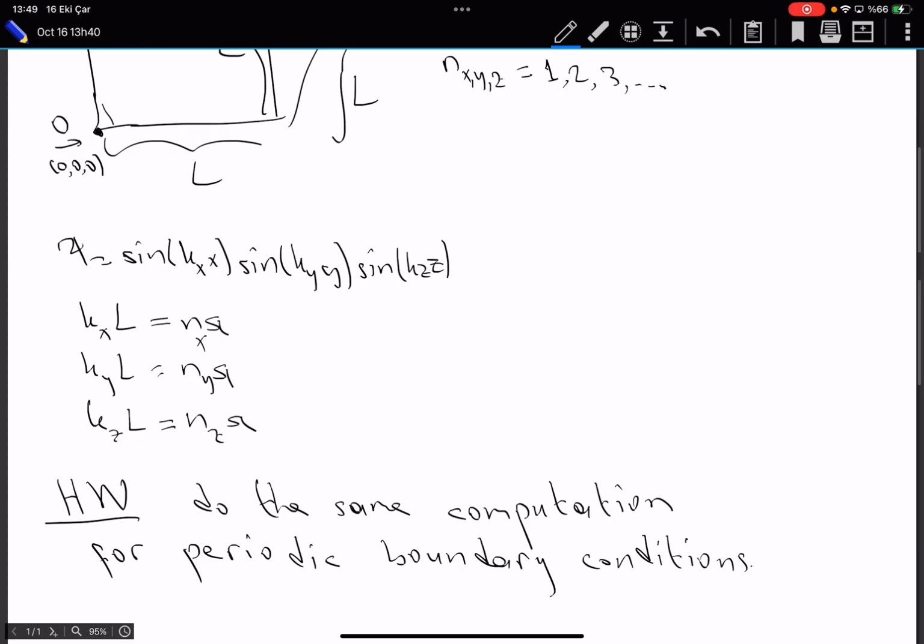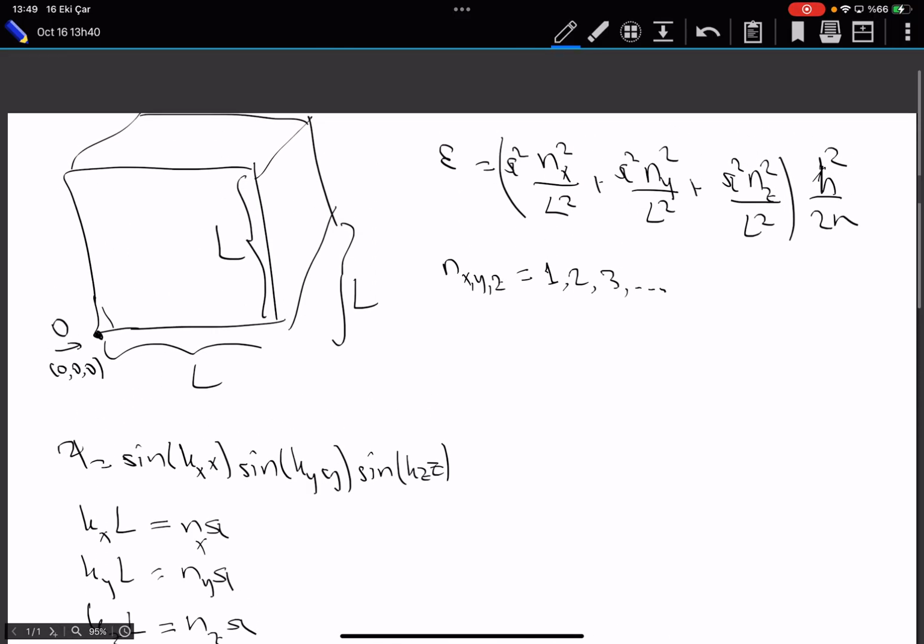Well, you will see that the possible values of kx will be different now, and the energy expression will look different. Nevertheless, you will get the same answer. That is something I would like you to see.